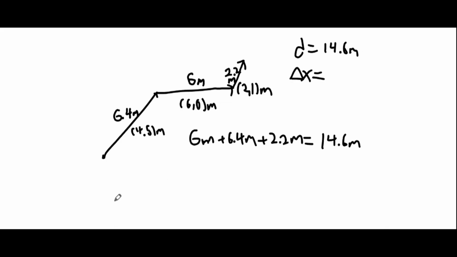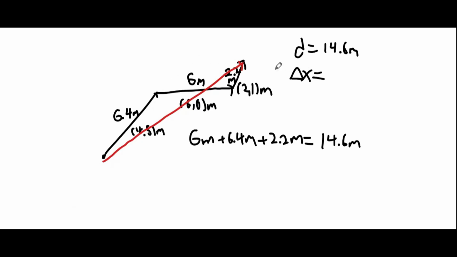Now for the displacement, what we want is this resultant vector here. So we're going to add all the vector components together, and then we're going to find the magnitude of that.